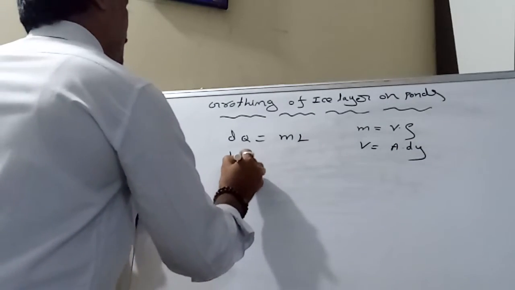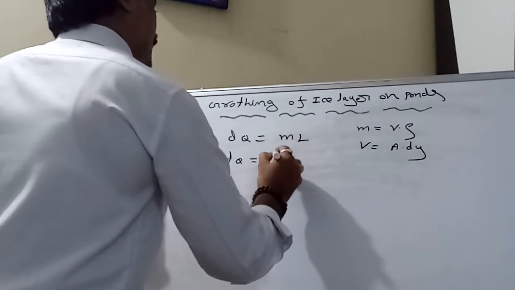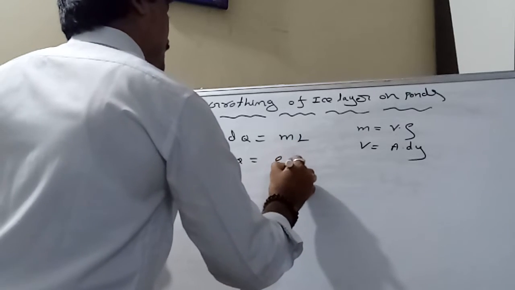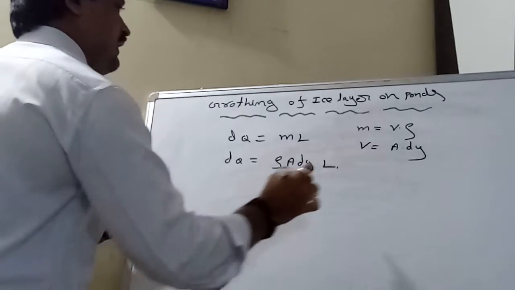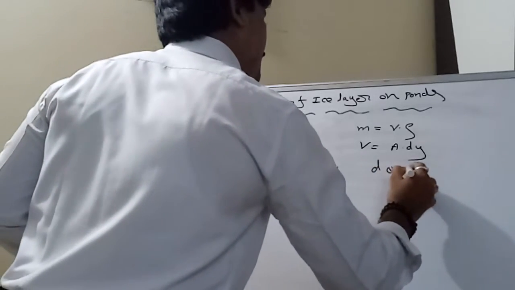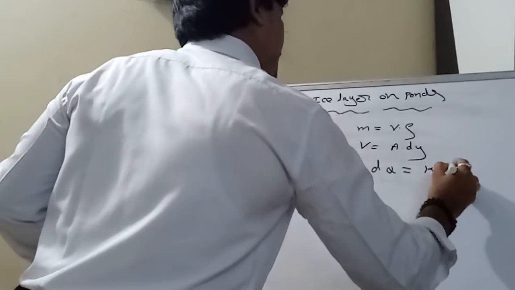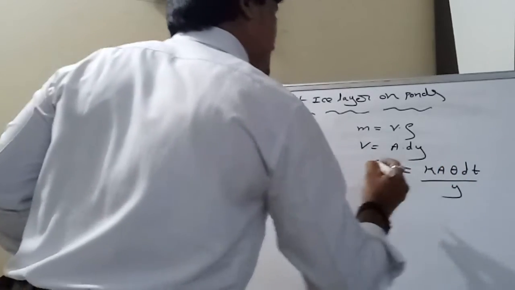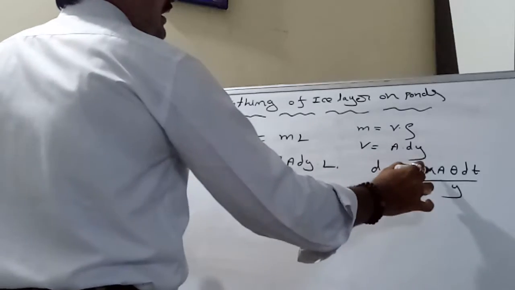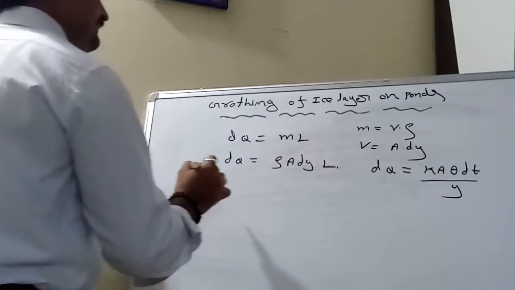So dQ equals rho A dy into L. Also dQ equals K A theta dt by y, where y is the thickness.